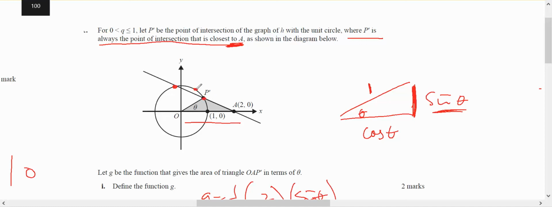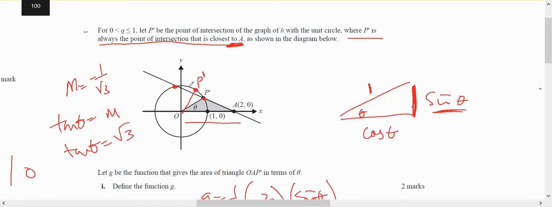Therefore, this is the highest point that P dash can be, which means that's when the tangent touches that curve. So that's sort of gradient of -1 on root 3. And if the tan of theta equals the gradient, then the tan of theta will equal root 3 since I've got a perpendicular. Therefore, theta equals pi on 3.